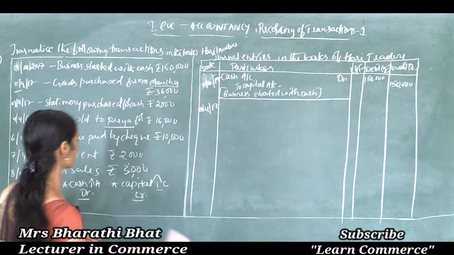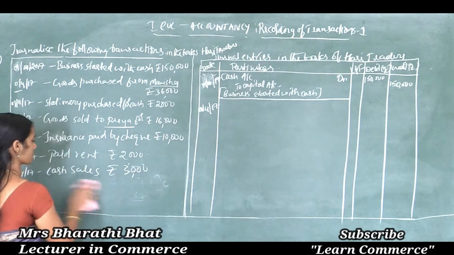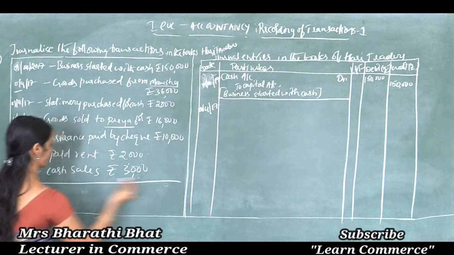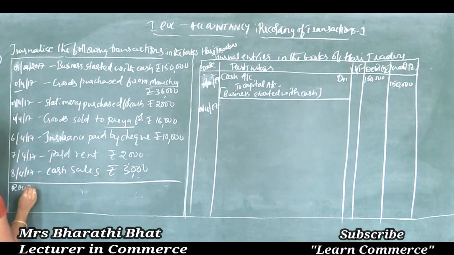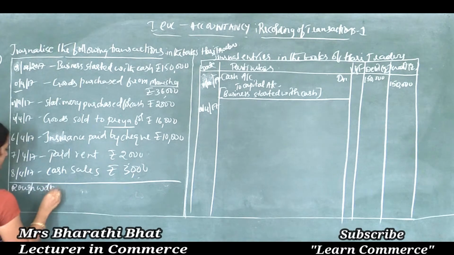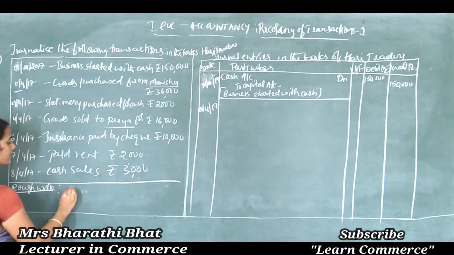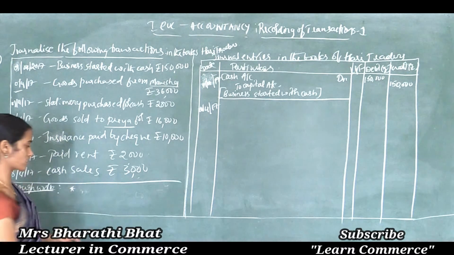So before that we should find out the two accounts. It is rough work. Goods purchased from Manisha. Purchases here is considered as purchases itself.